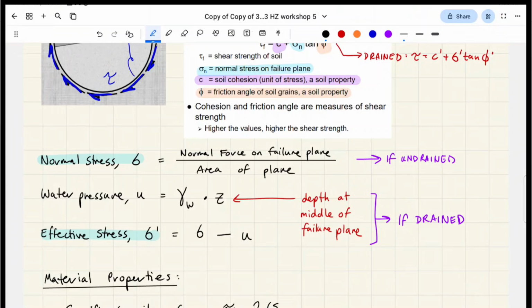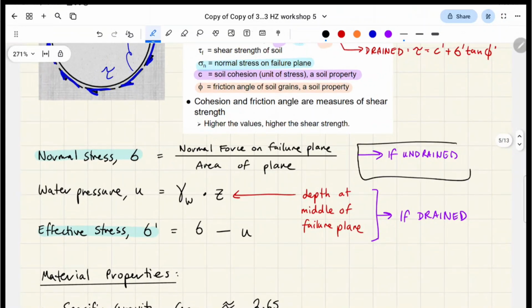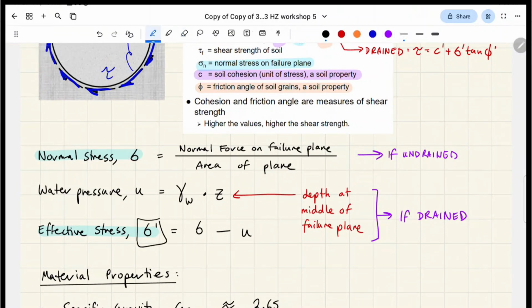We're just going to use sigma if it's undrained, but if it's drained, we're going to use sigma dash, which needs extra steps. First, you have to calculate the normal stress and the pore water pressure and subtract them from each other. The pore water pressure is the unit weight of water multiplied by the depth at the middle of the failure plane.